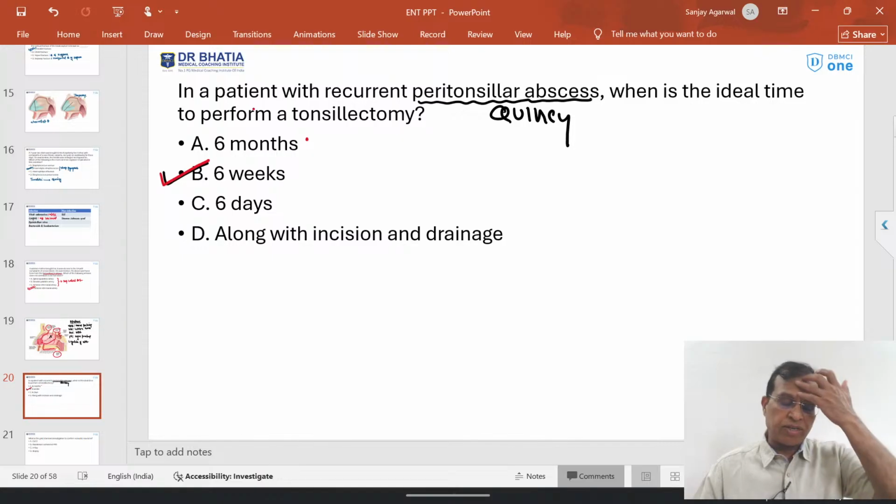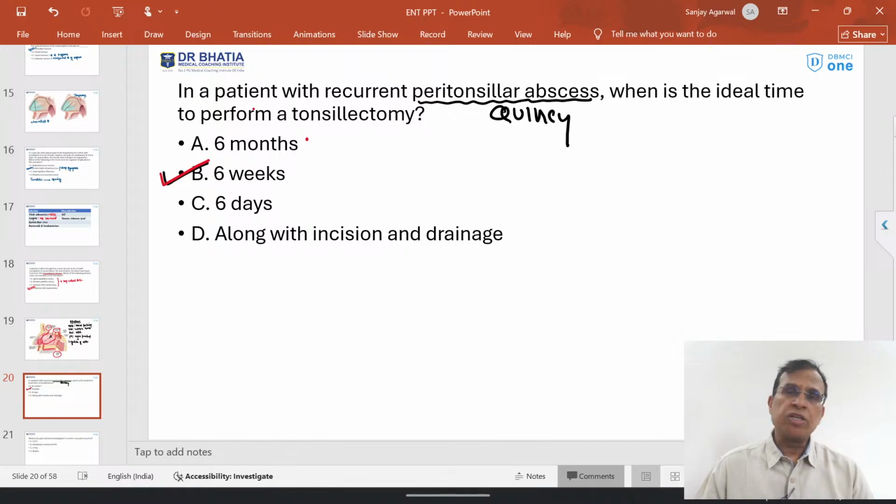But 8 was not given in this, so straightaway 6 weeks, simple question. Okay. This is because we had discussed it already. So everybody, Aman, Ranjan, Barolkar, Anirudh, Shuvo, Dev Yadav, everybody got it right. Very good. Great, guys. Let us now go to the next question.